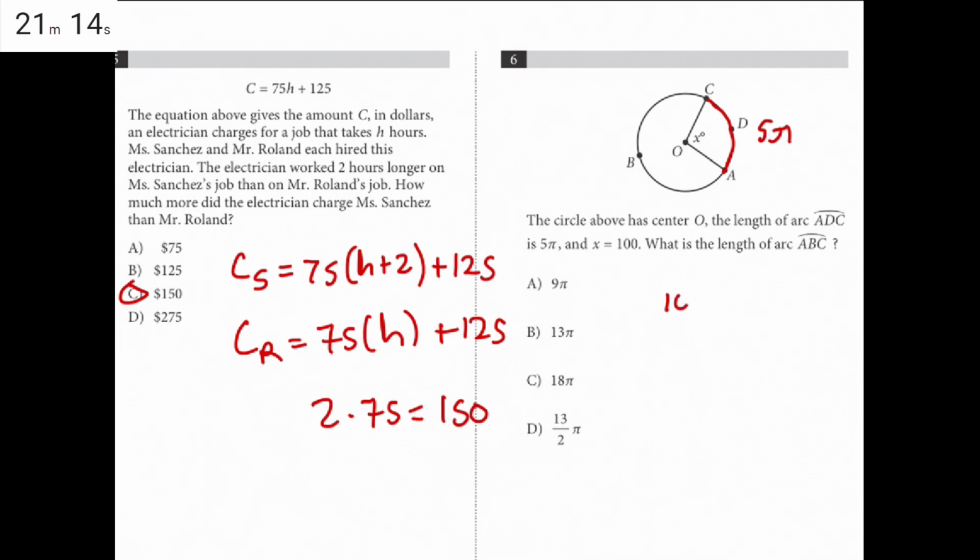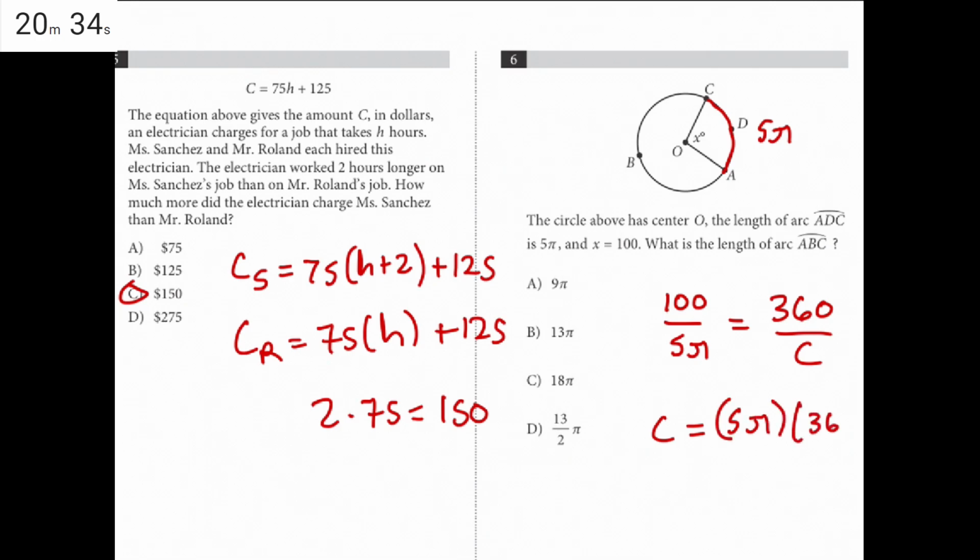So let's just do 100 is to 5 pi as 360, which is the full circle, is to, oh no, actually, yeah, I was right. 360 is to 2 pi, which would be the circumference of the circle. Skipping ahead. Okay, so the circumference of the circle is going to be equal to 5 pi times 360 over 100.